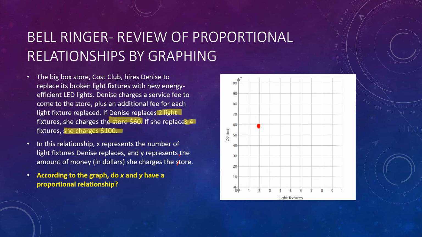Okay, then we want to look if she replaces 4 light fixtures, she charges $100. So I'm going to go over to 4 on my x-axis and up to 100. And now I need to get me a straight edge, so get your straight edge if you haven't already. And I'm going to connect those points.